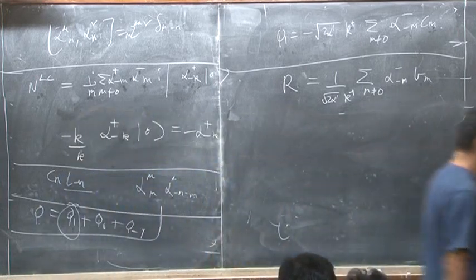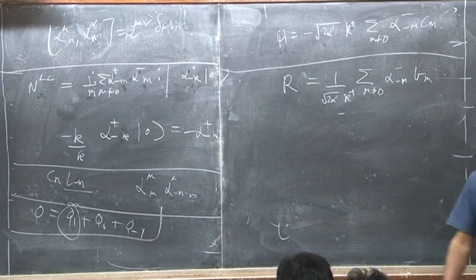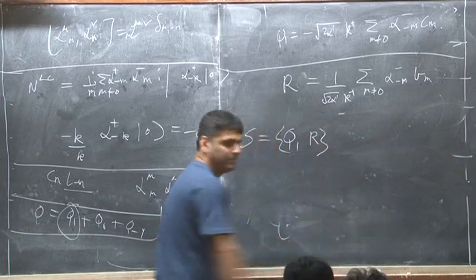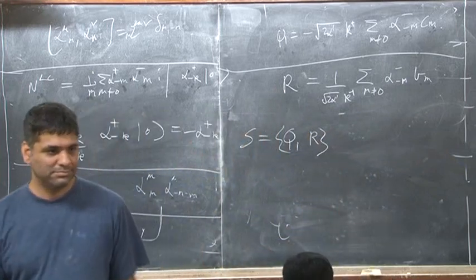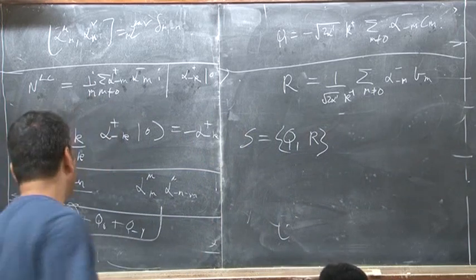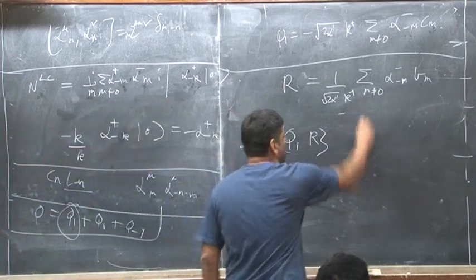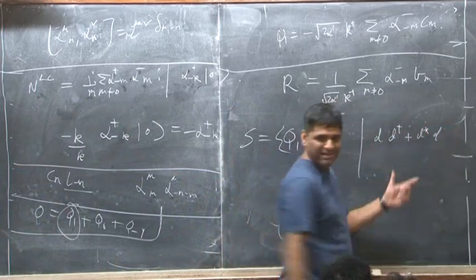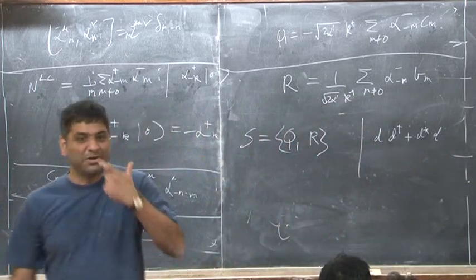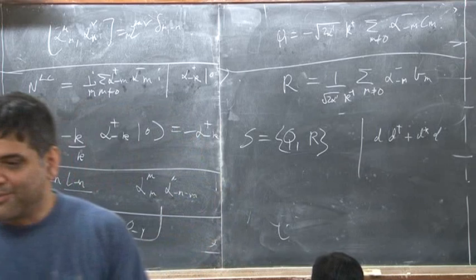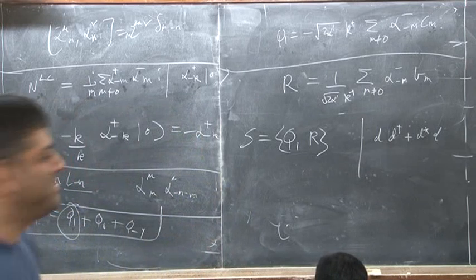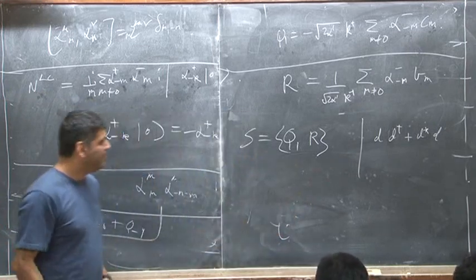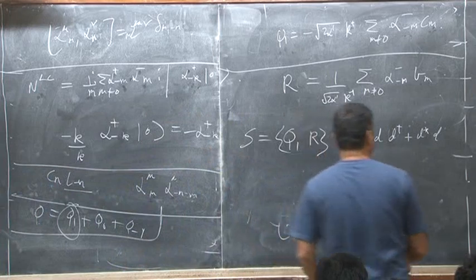And now what I do is to define the operator S, which is the Q1 anti-commutator. What are we doing? We're just paralleling our discussion of, you remember, we said d star d plus d d star was the Laplacian, del square. The zero modes of this are in one-to-one correspondence with cohomology. I'm just building that operator.